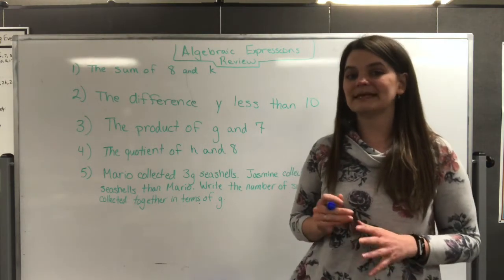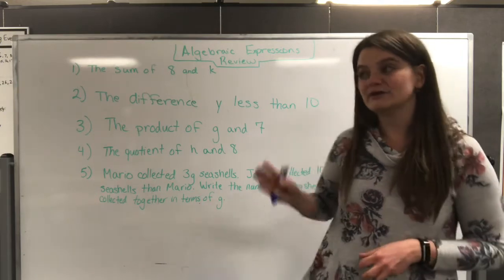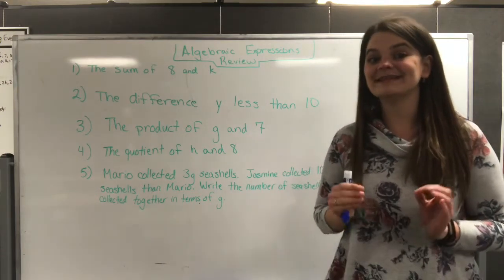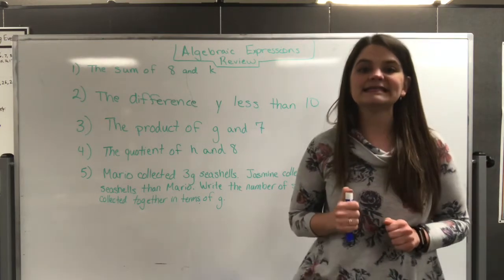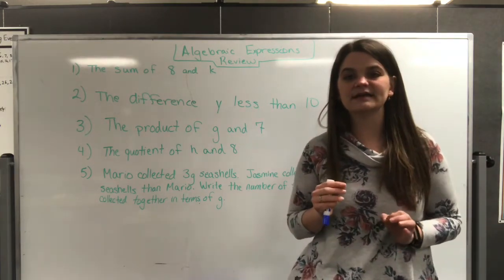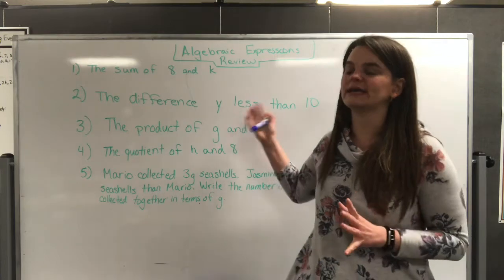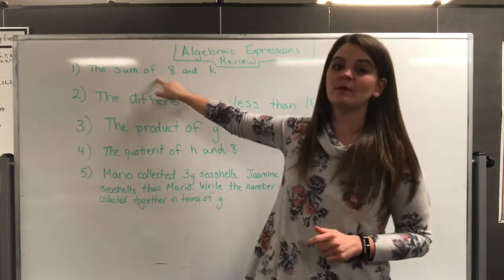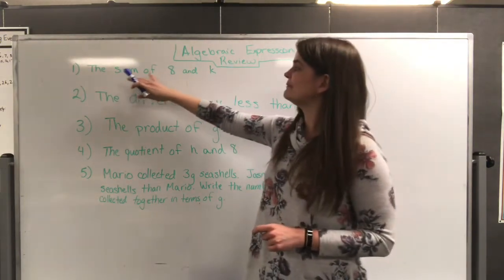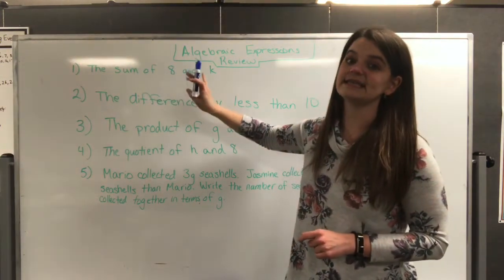And so that makes them an algebraic expression. An algebraic expression includes the letter, which we call a variable, in it. Okay, so our number one up here says the sum of 8 and k.